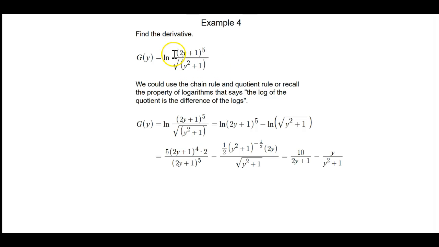And instead of using the quotient rule with the chain rule, I'm going to remember that quotient law of logarithms, which says the log of the quotient is equal to the difference between the logs of the numerator and denominator. So you can see here I turned this one log expression into the difference of two logs. I'm going to find the derivative of each of these terms.